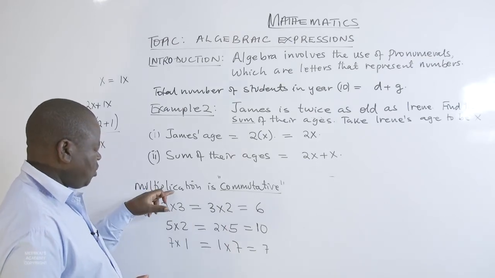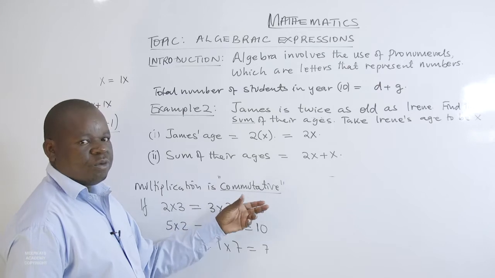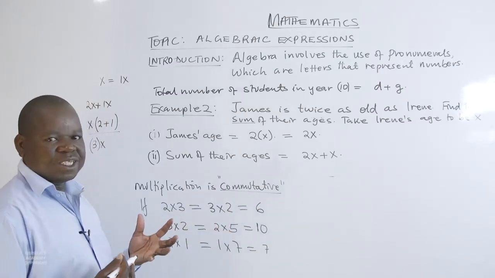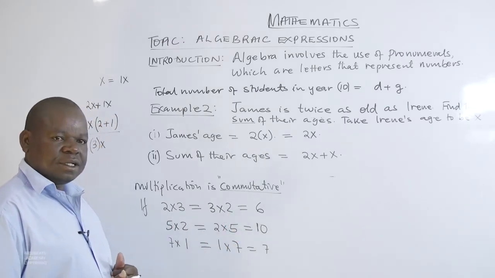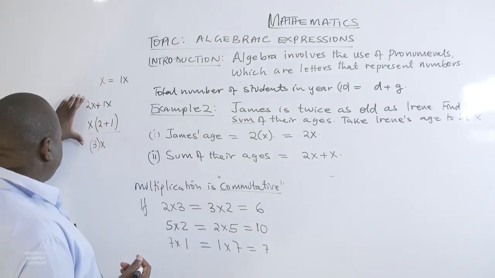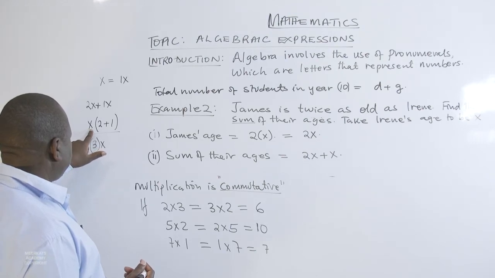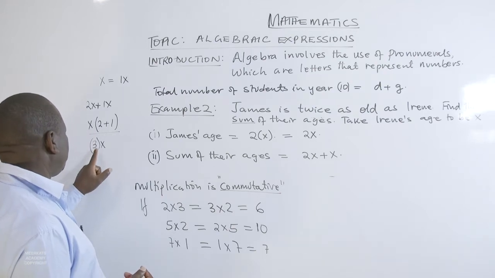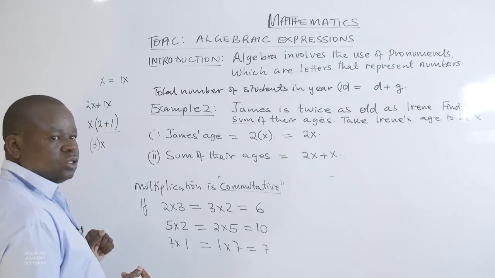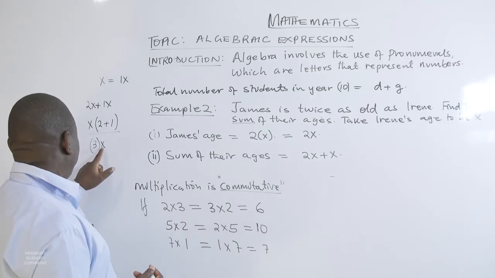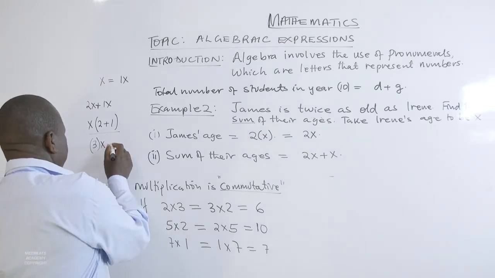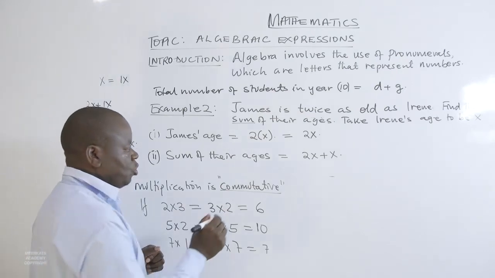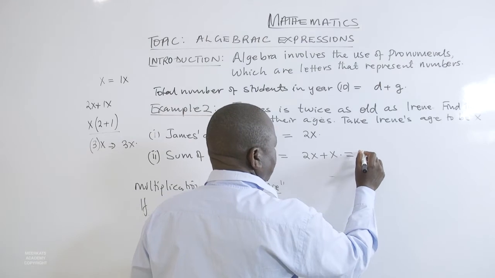And that is what explains commutativity of multiplication. I can interchange the position of a multiplier but still get the same result. That's why I can write x here and again write it there, and I'll still get the same result. So here we have 2 plus 1, which is 3. Then we multiply by x, and this simply gives us 3x. So the answer here will be 3x.